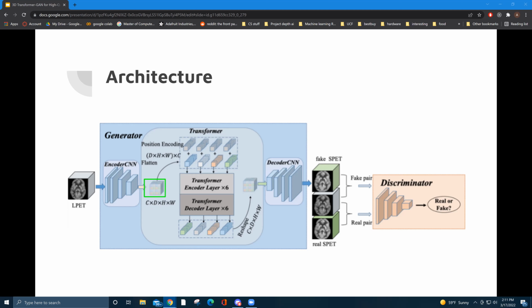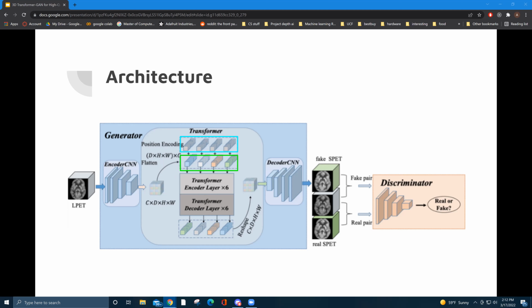This feature representation then gets flattened along its channel dimension, and these are split into sequences. These sequences are added with positional coding based on the three coordinate system, depth, height, and width, and concatenated to these sequences, which are then fed into a transformer. They feed in these position codings to preserve some structural integrity of the features.